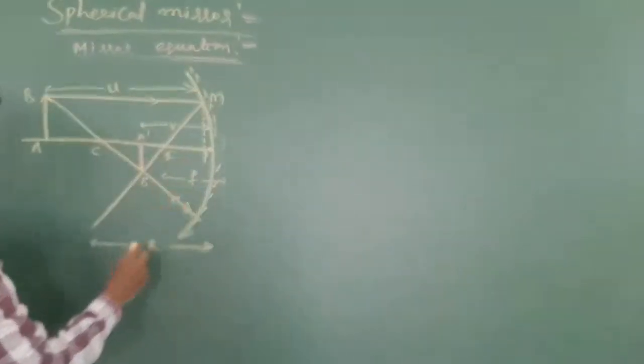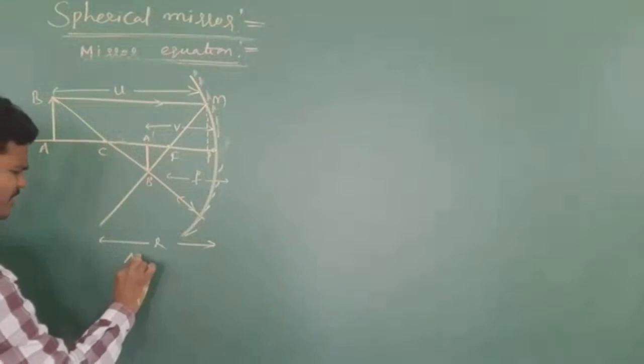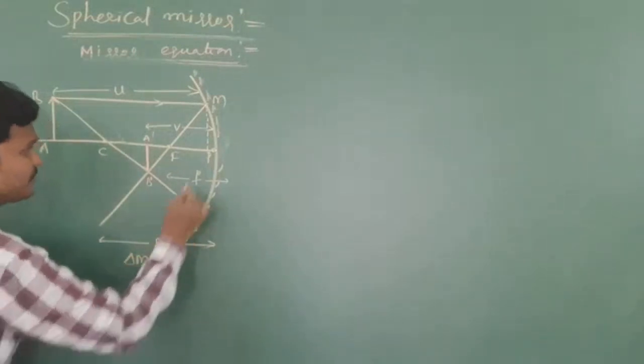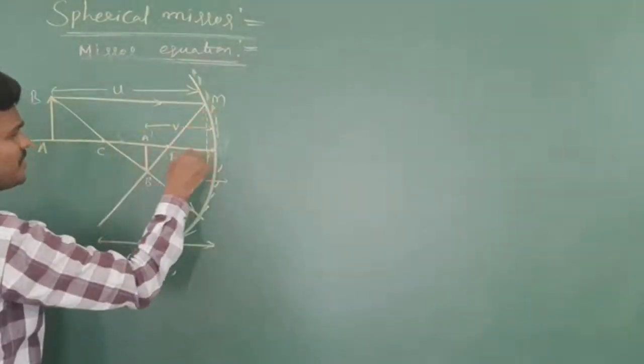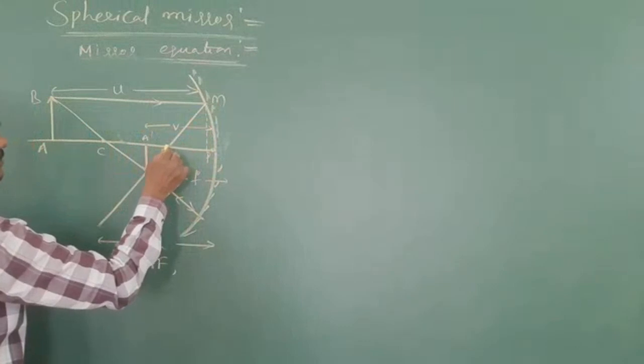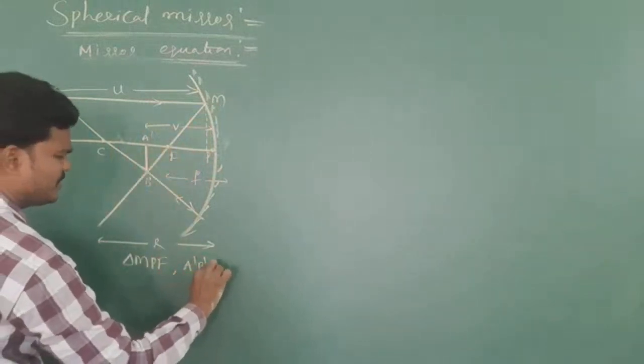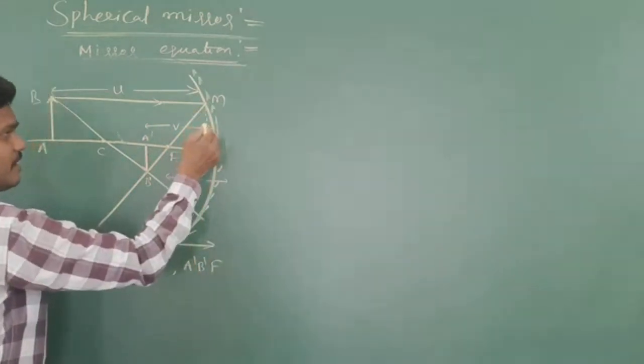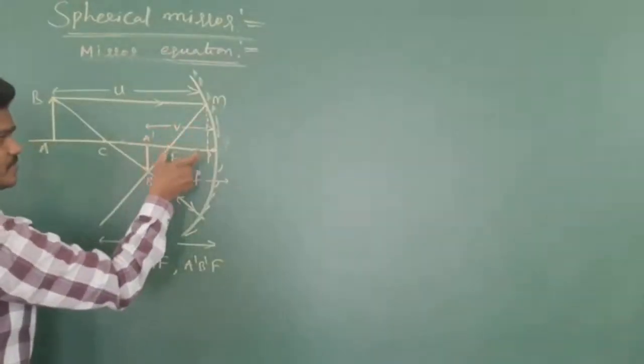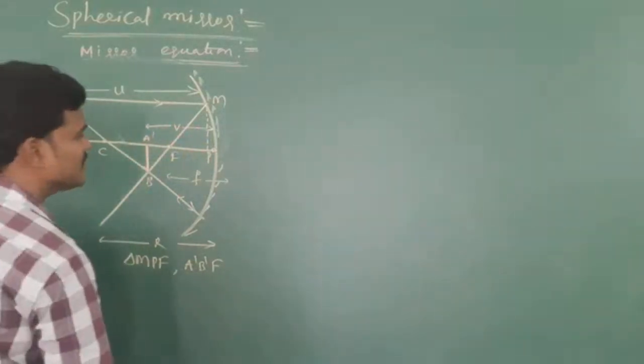Use some similar triangles. MPF, right to left I am following, MPF and A dash B dash F. Height by height, base by base I am following, because they are similar triangles.